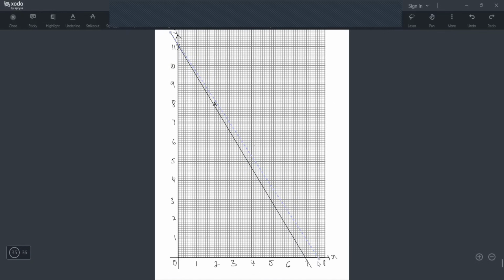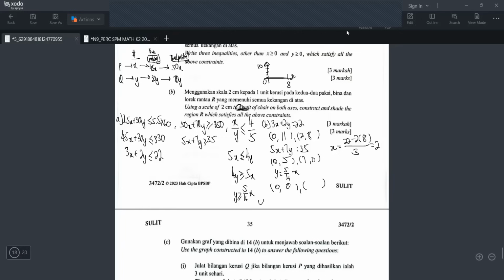And then this one is like this. So (0, 11) and then (2, 8). I think it has to go up a bit. Okay, I think it's perfect already. (0, 11), (2, 8). So let's go back to the graph.